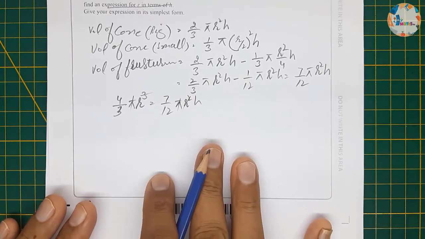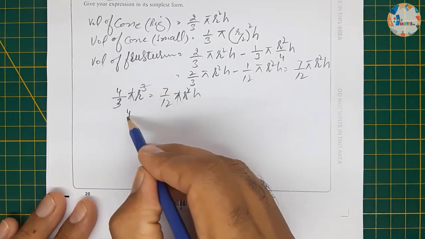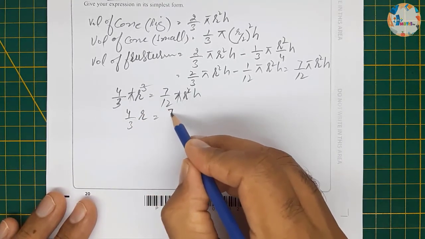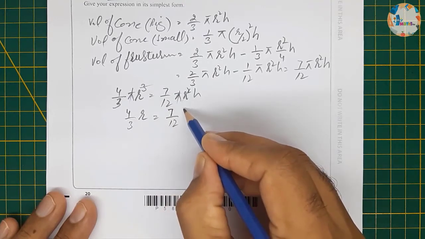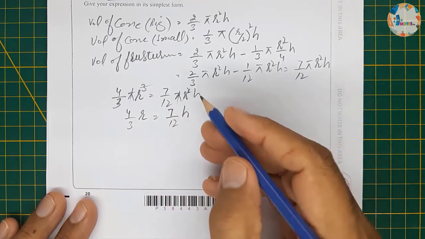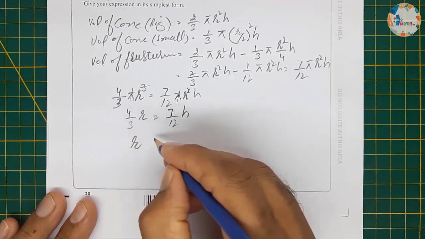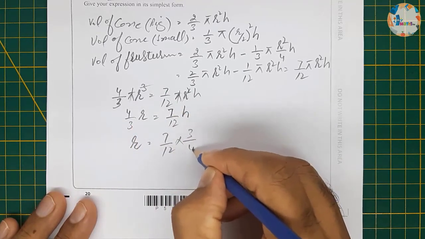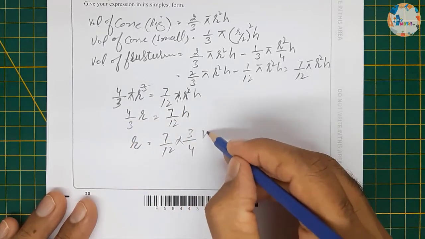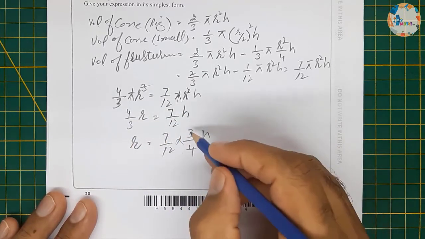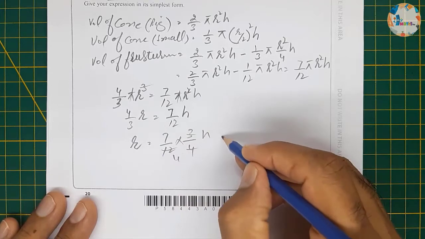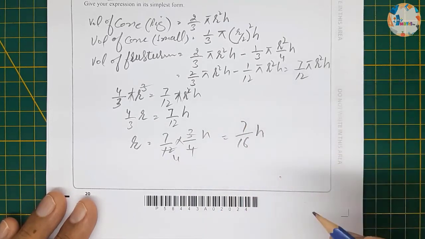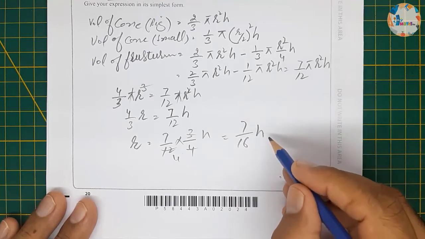So remaining portion we can write 4 by 3 r is equal to 7 over 12 into h. So we have to find the value of r. So r will be 7 by 12 into, this will be 3 by 4. We will shift to this side, so h. So 3 4s are 12, and this will be 7 over 16 h. So r is equal to 7 over 16 h.